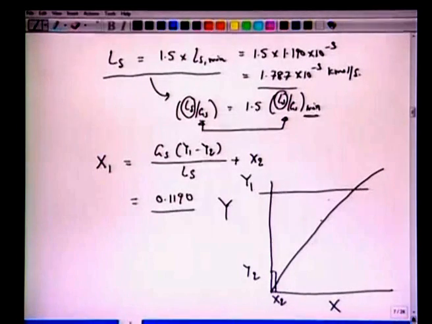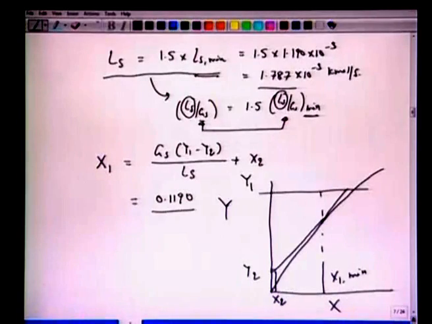We do not know the slope, but the problem says that we have to take 1.5 times the LS minimum. So we draw a line which is a tangent to the curve at this point here. This point will be, of course, x1 min, all right, and this slope will give us LS by GS min, or LS min, because GS is fixed.